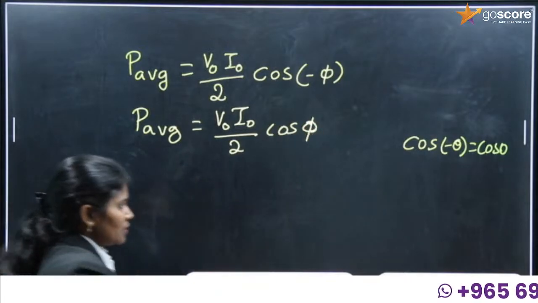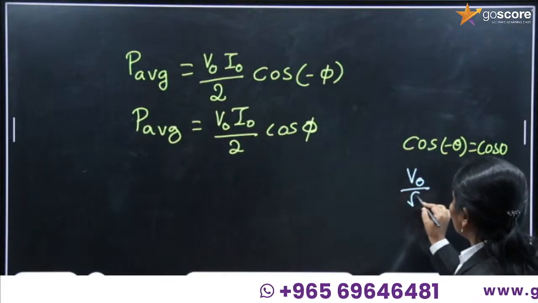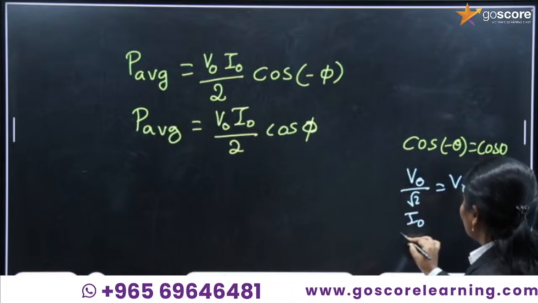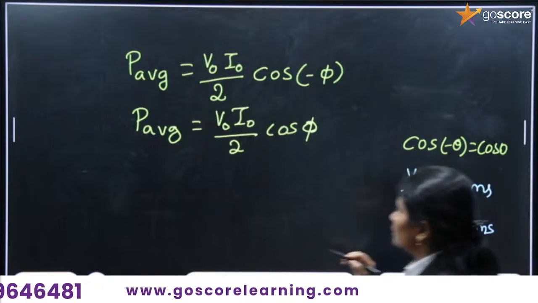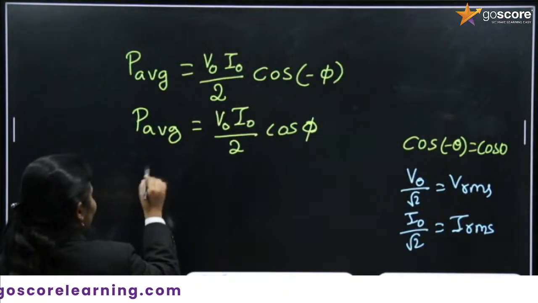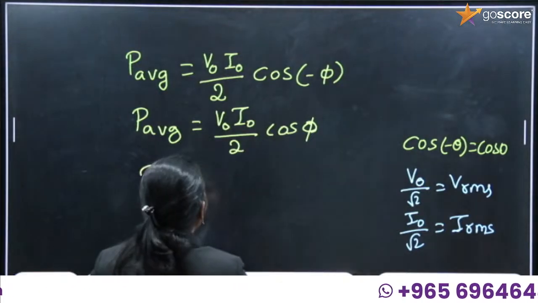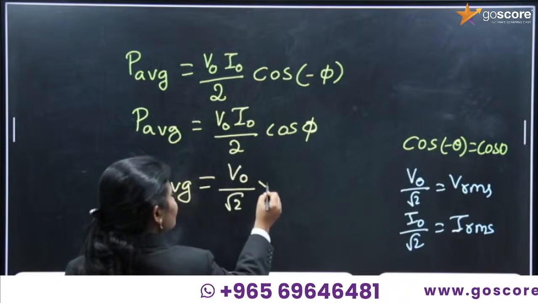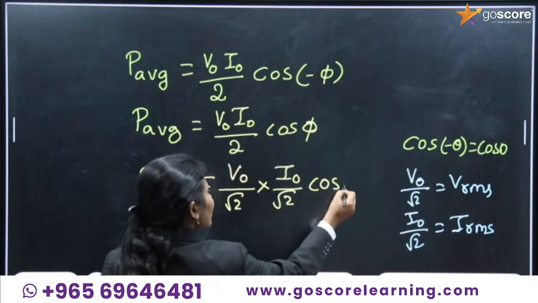Then we know that V naught by root 2 is equal to VRMS, and I naught by root 2 is equal to IRMS. P average is equal to, I am writing 2 as root 2 into root 2, V naught by root 2 into I naught by root 2 cos phi.